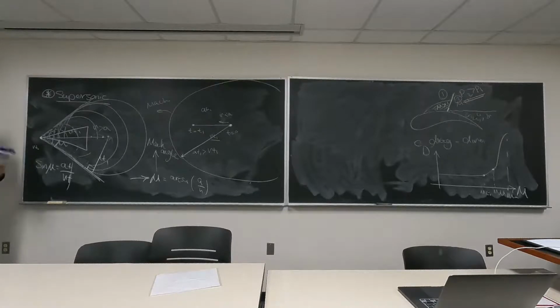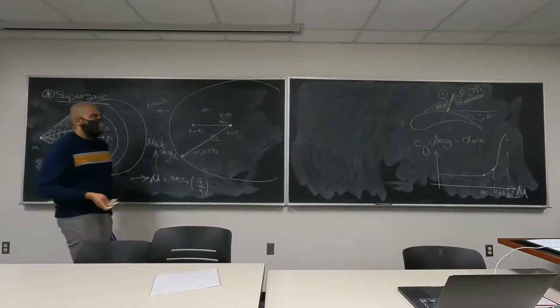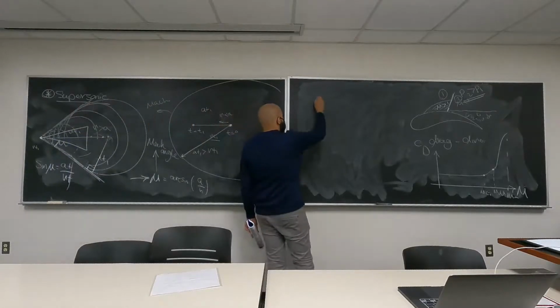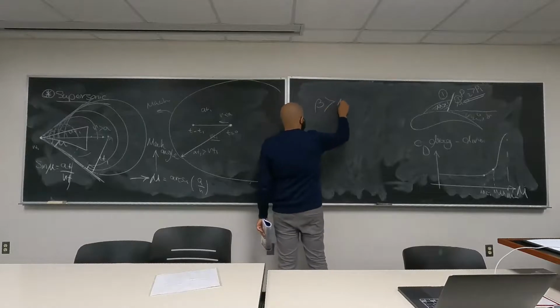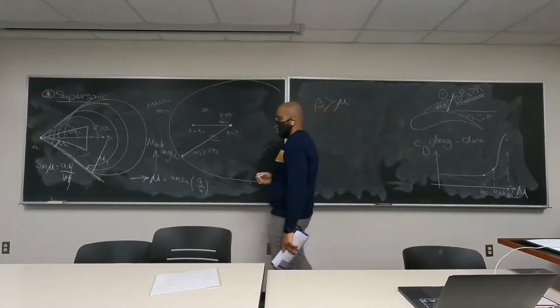So the property change is going to become stronger, and you're going to experience a shock wave instead of just a small Mach wave, right? Does this make sense at all? Okay, and the shock angle, beta, is usually bigger than the Mach angle.